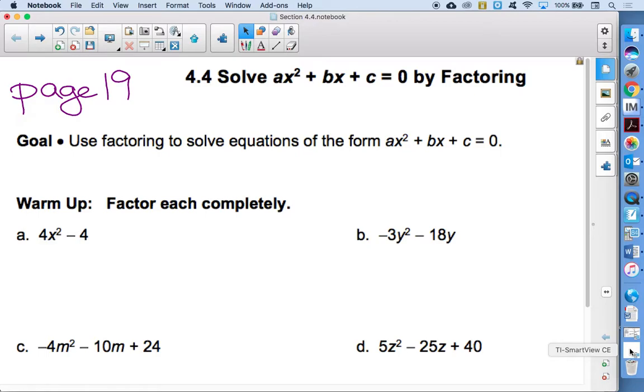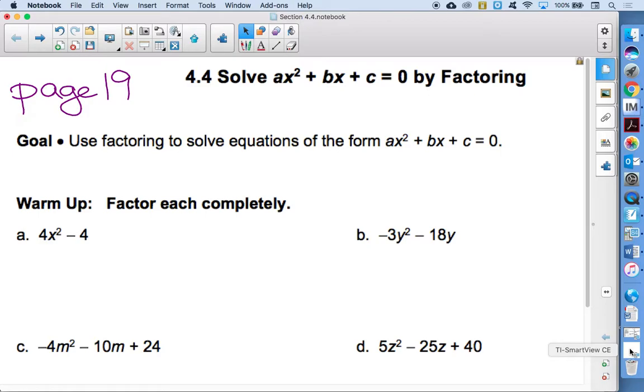Is that how you do it? Take out a GCF. So would it be x squared? Oh, and then you have to put it back later, right? No, it just stays up there.